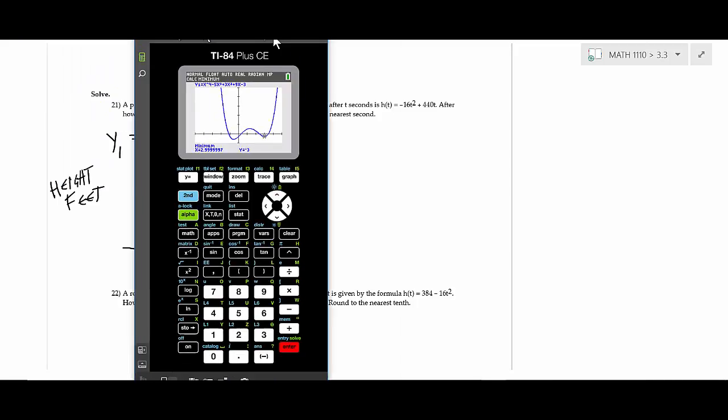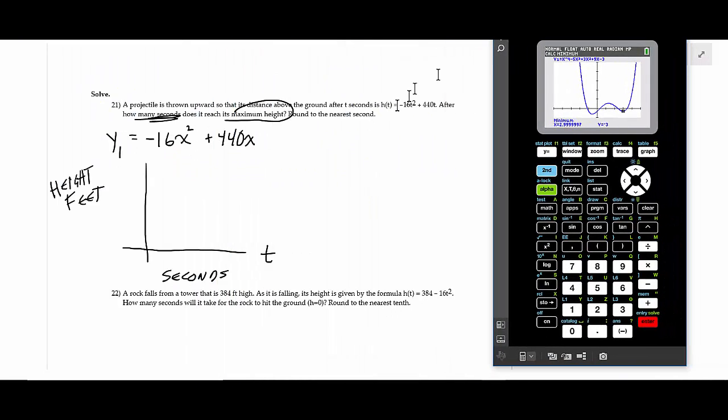And again, when you figure out your window, look at your table of values, and that'll help you see how you should have something that looks like it's probably going up, and then it'll go down, so it'll be some sort of a parabola when you put that in.